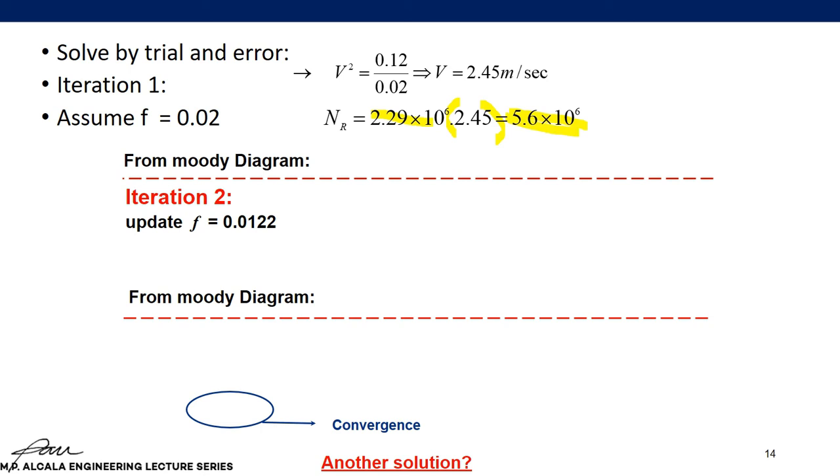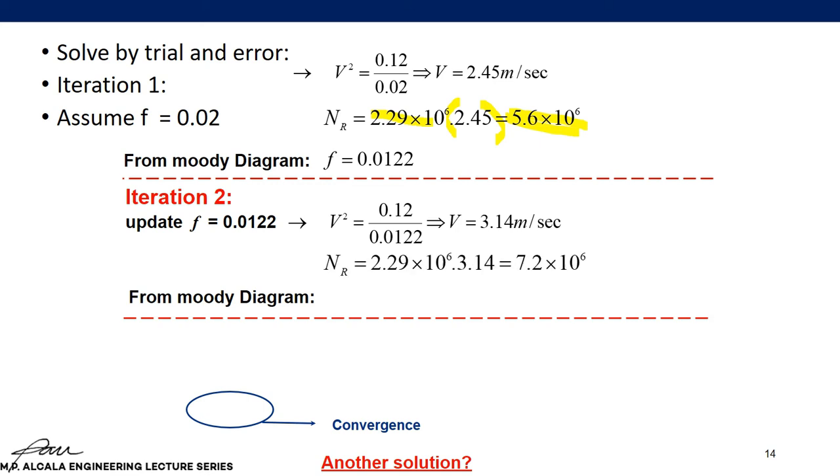From the Moody diagram, we will have an updated value of 0.0122. So solving further, we will have the following. So approximately close, with a Reynolds number of 7.2.